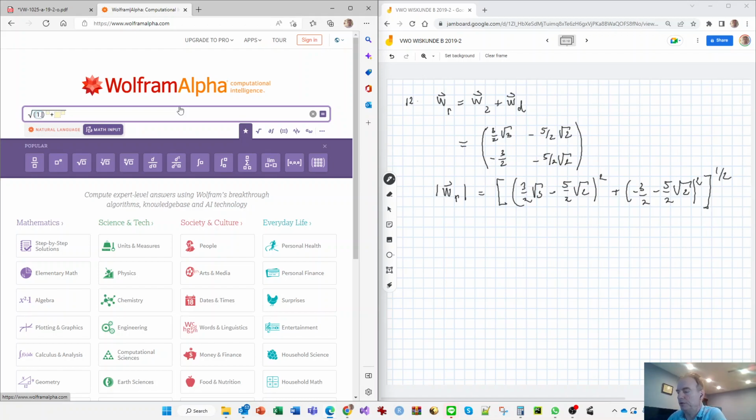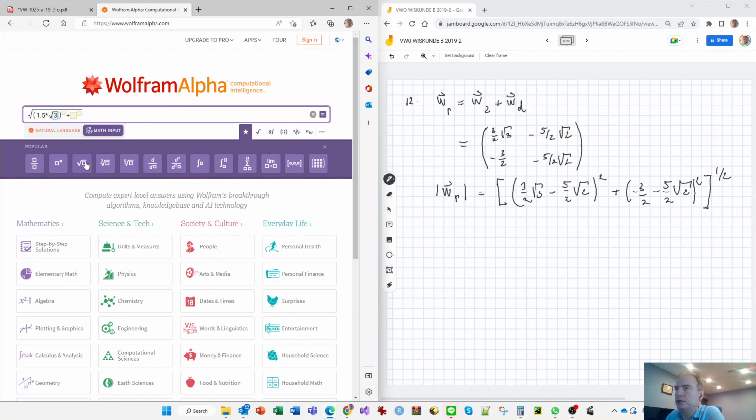Then say 1.5 times square root 3 minus 2.5 square root of 2, squared. Let me copy this, but replace this by minus 1.5.